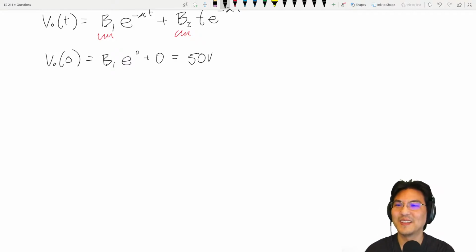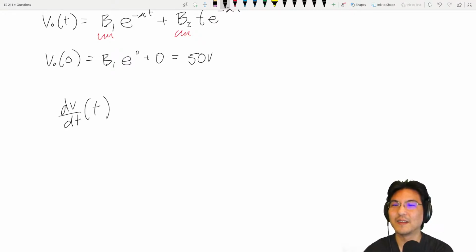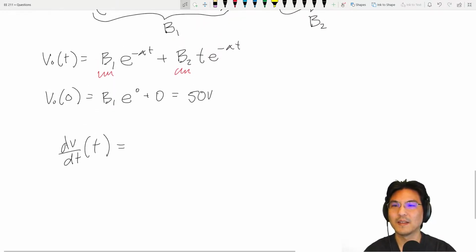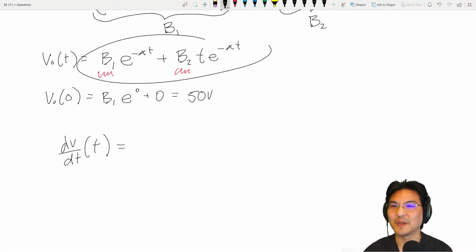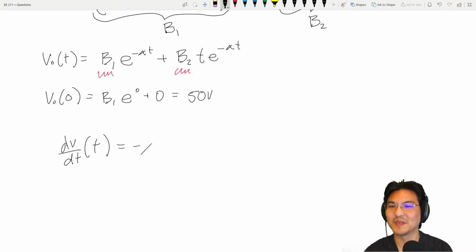What's B2? The other initial condition we can solve for is the time derivative, dv dt. Let me just jot that down real quick. I'm going to take the time derivative of this. Plus B2 t.